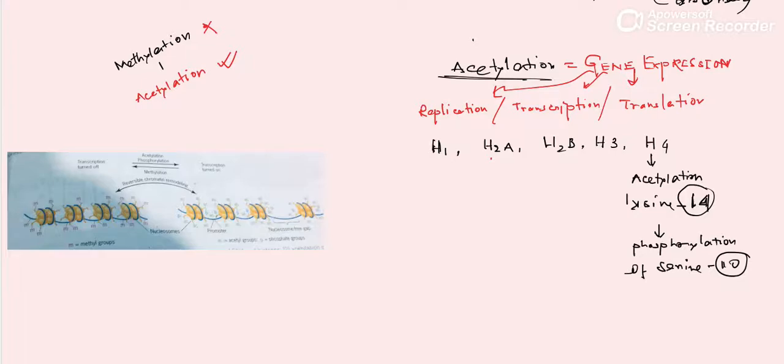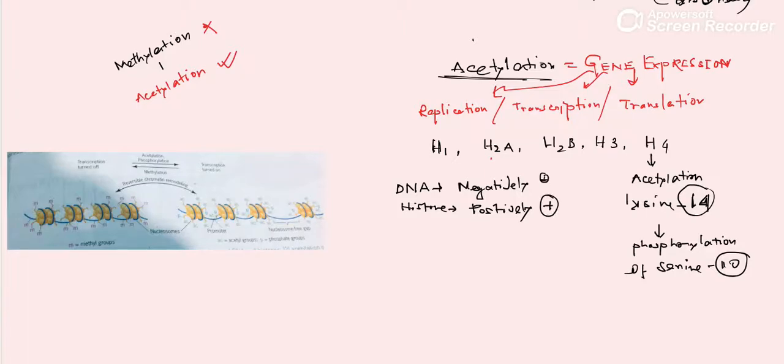So acetylation occurs in H4, and we have already told that DNA is negatively charged and histones are positively charged. That's why they are binding to one another.